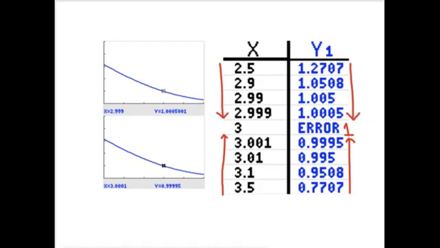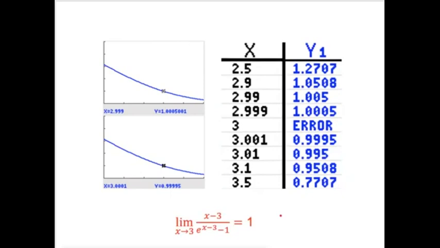We could do 2.999999999, and you'd get 1.00000. You'd get a bunch of zeros. The point is that you're approaching 1 for the y values. So your limit is 1. The limit as x approaches 3 of x minus 3 over e to the x minus 3 minus 1 is equal to 1.